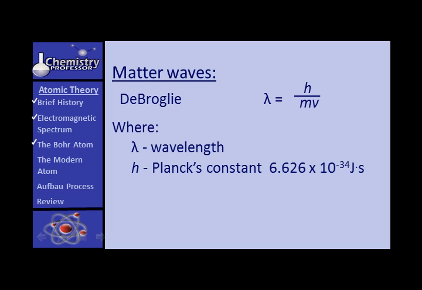H is Planck's constant. Get this down. It is 6.626 times 10 to the negative 34 joule seconds. Planck's constant. M is the particle mass, and it must be expressed in kilograms for reasons I'll show you in a moment. V is the particle speed, or the velocity, in meters per second.